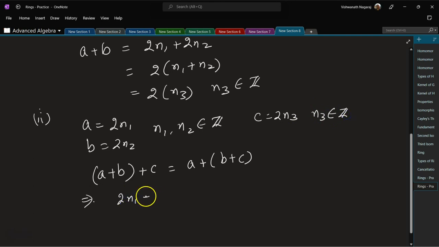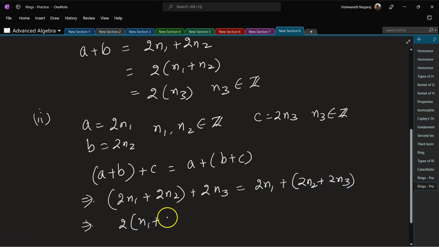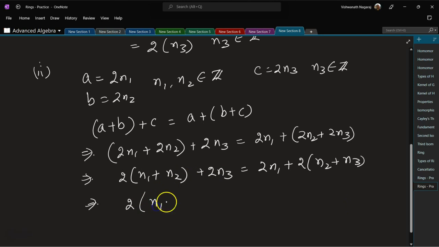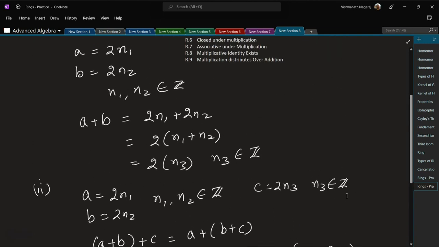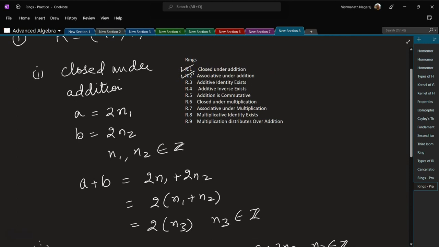So 2n1 plus 2n2 plus 2n3. 2 is common, so let's take it out: 2(n1 plus n2) plus 2n3, then 2 common out again, 2(n1 plus n2 plus n3). So therefore, it is associative under addition.